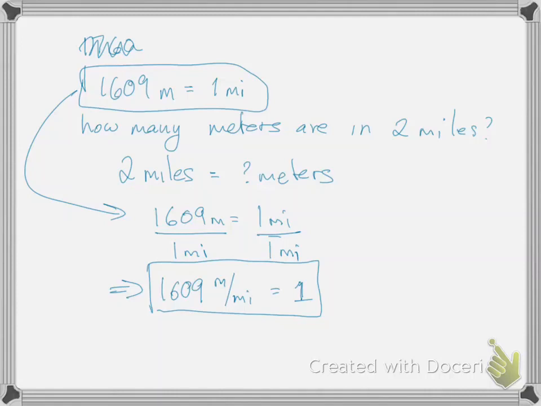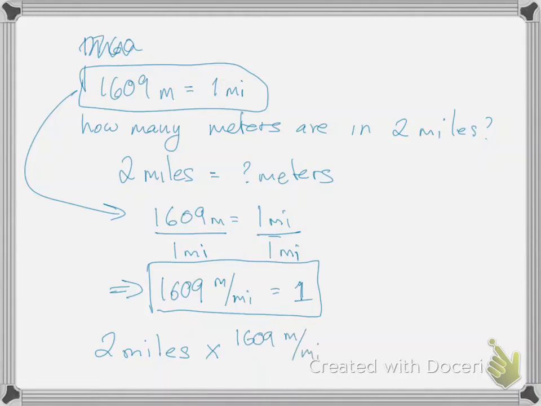What the bottom box says is the same thing that the top box says, which is that there are 1,609 meters in 1 mile. So mathematically, how do we do conversions? Remember we wanted to ask how much is 2 miles. Well, we can multiply 2 miles by the conversion factor, 1,609 meters per mile.